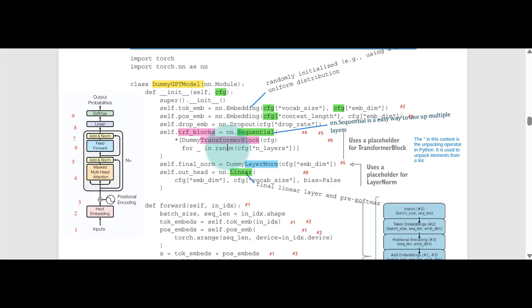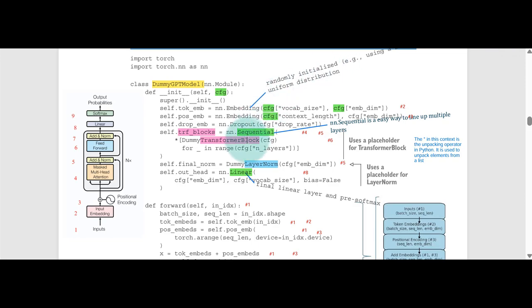So this code here will generate 12 transformer blocks, which will be in nn.Sequential, which is fine. We can have lots of things in Sequential, and it is an easy way to line up multiple layers. A lot of times we'll have a linear layer, and then a ReLU function, and then another linear layer.